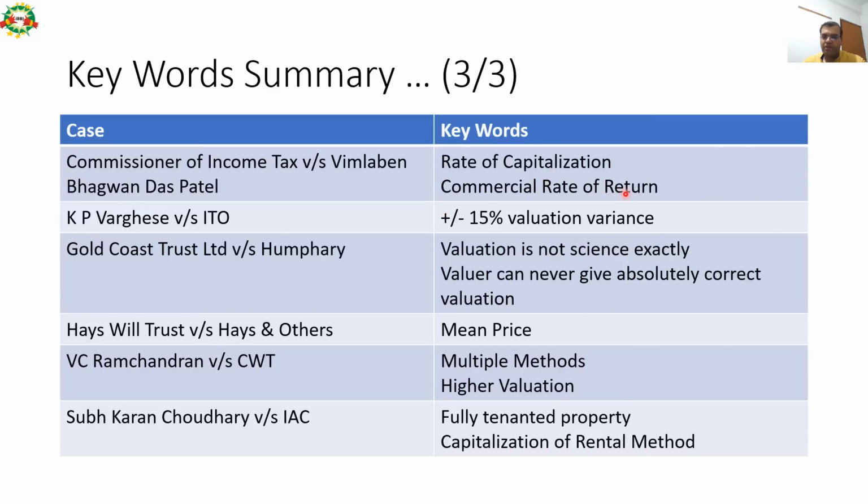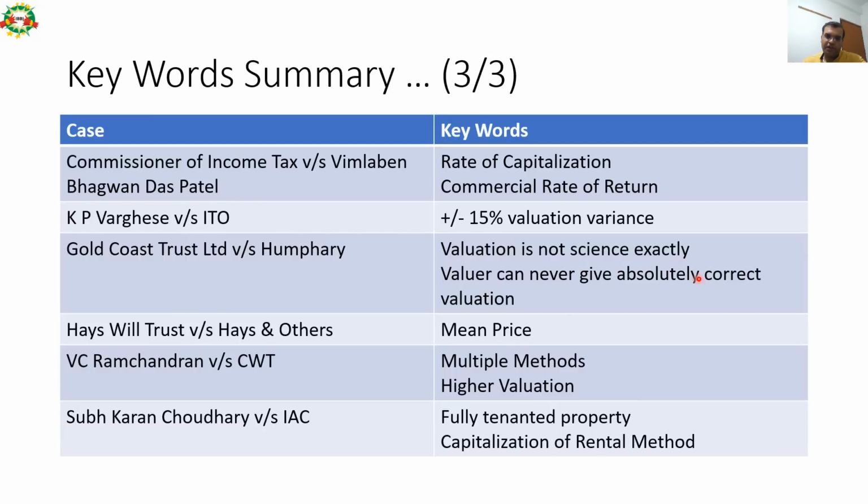If the examiner is asking about rate of capitalization, commercial rate of return, then the question pertains to the legal case of Commissioner of Income Tax versus Vimlaben Bhagwandas Patel. If the question is talking about 15 plus or minus 15% valuation variance, then this case pertains to KP Varghese versus ITO.